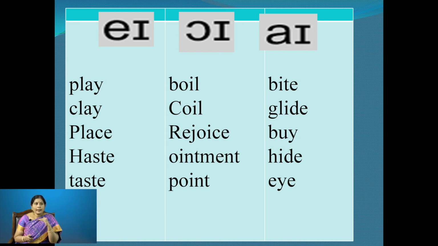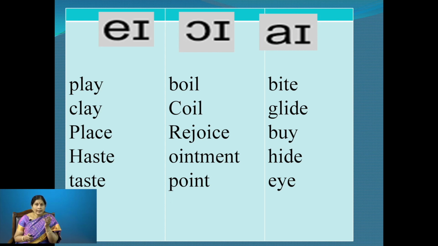Now let us see the examples of I. Bite, glide, buy, height. So how is the movement of the tongue? The diphthong is described as a glide from a front open unrounded vowel. And where is it moving to? Gliding to a centralized front unrounded vowel just above half close.